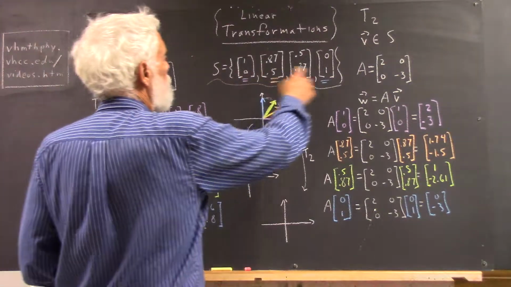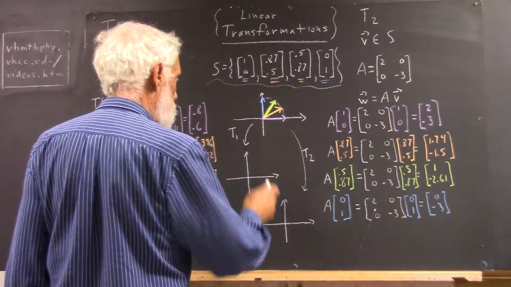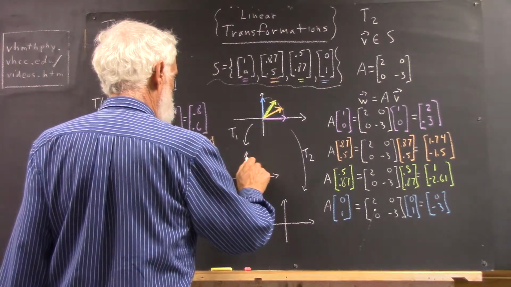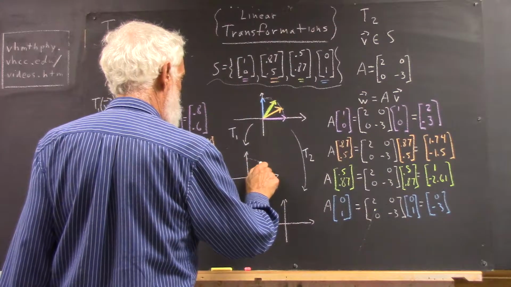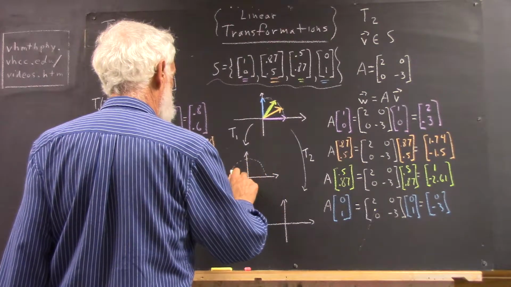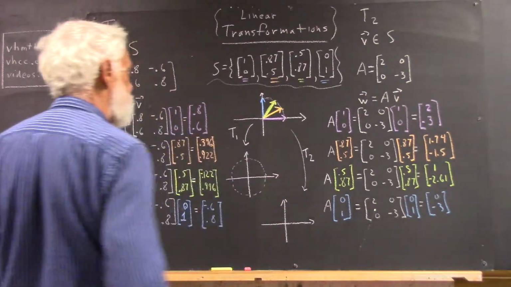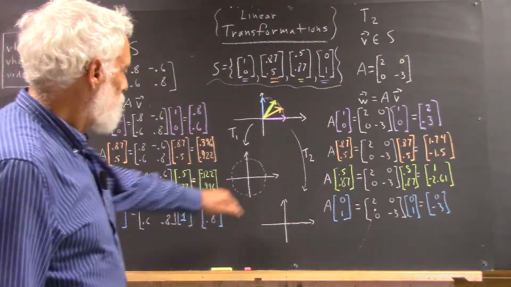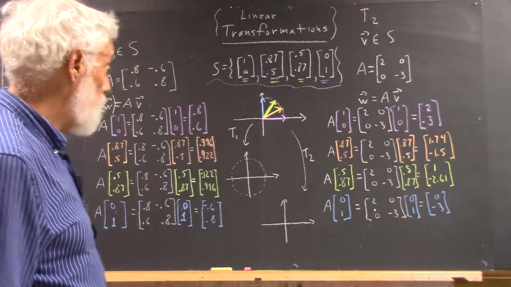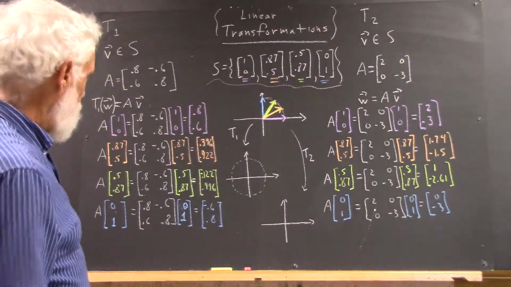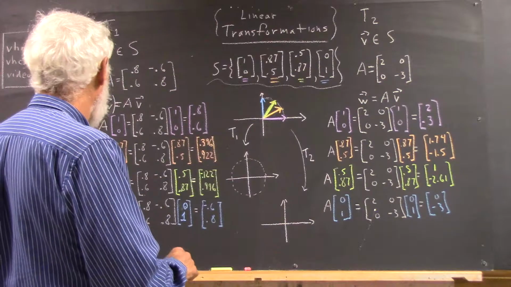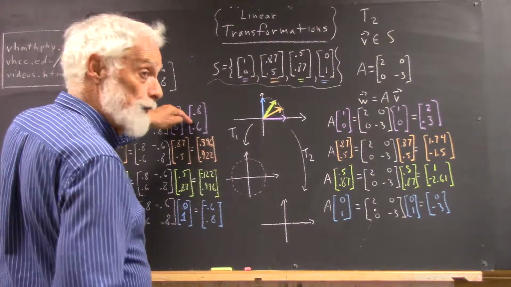So each of these vectors has a length of 1, so I'm going to go ahead and just draw my best attempt at a circle and assume that the radius of this circle is 1. And then I want to draw the vector 0.8, 0.6.